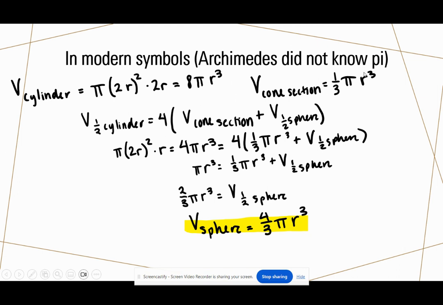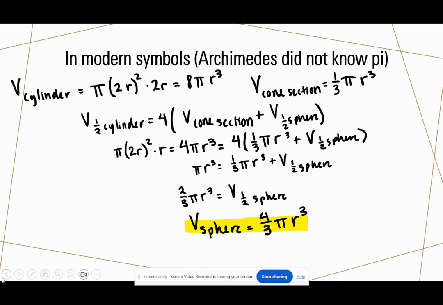And the volume of the cone section was known. You could find the volume of a cone. It's just 1/3 times the area of the base, which we know is pi r squared, times the height, which in this case is r, since we know that it has the height of the cylinder.